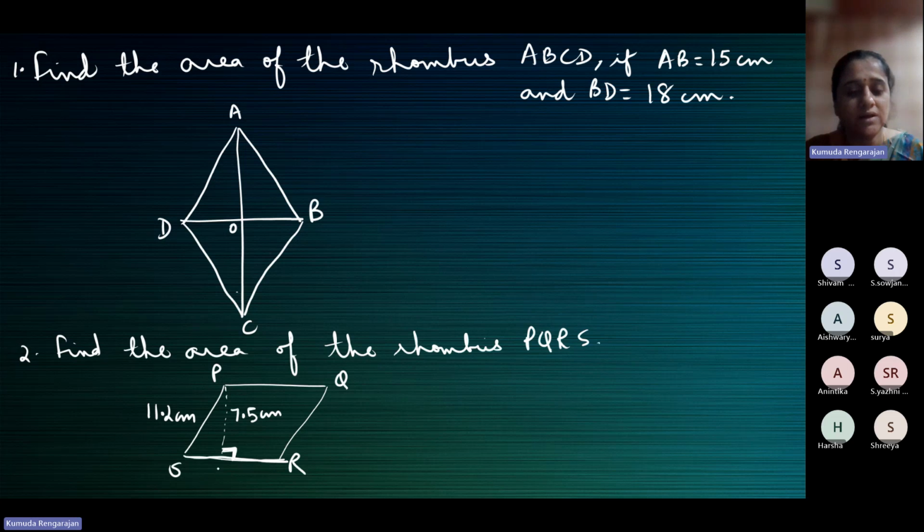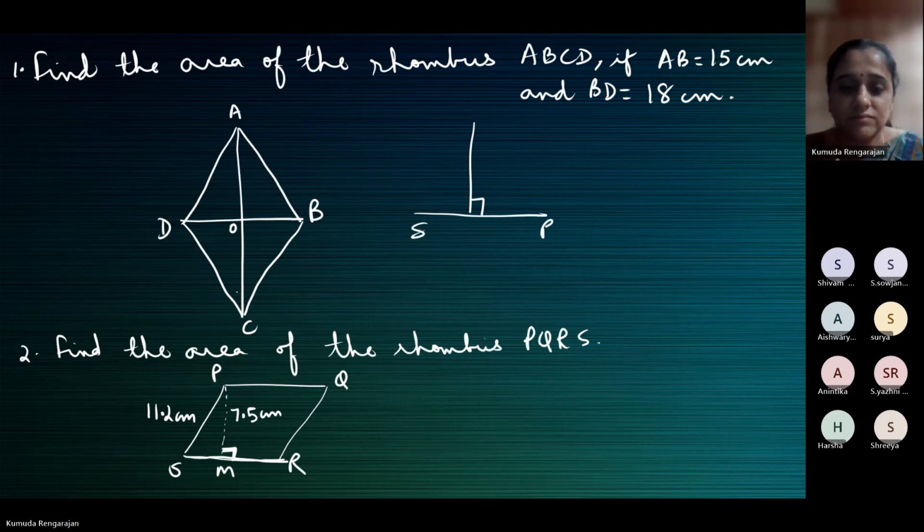Okay, let me name it. Let me just call this M. Because the altitude PM falls on the side SR. So I should use Pythagoras theorem to find the bottom part. No, actually, one second.